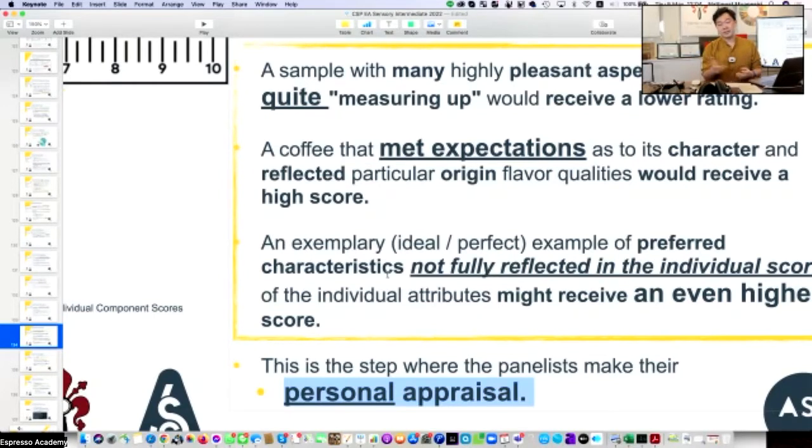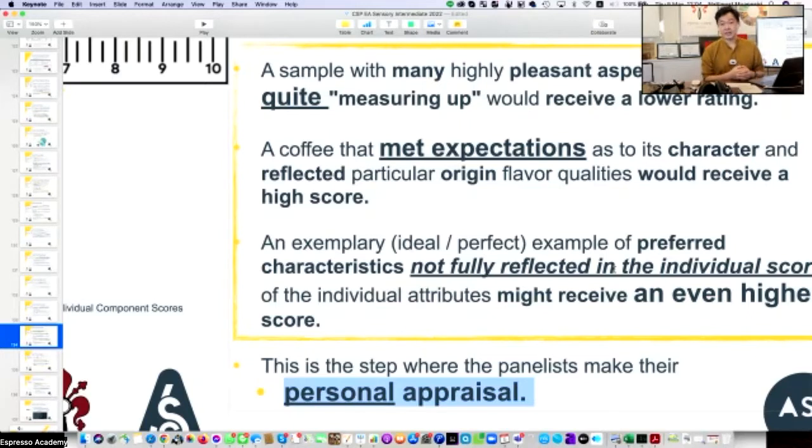Okay, I just give them 7. It's not that it's not a good coffee. It's a good coffee, it's just not what I think should be a good coffee. But in the end, the score will tell. Or it could be you give them a 7.5, 7, 7.25, 7.5 again, and by the time you get to overall, you give them an 8.5.